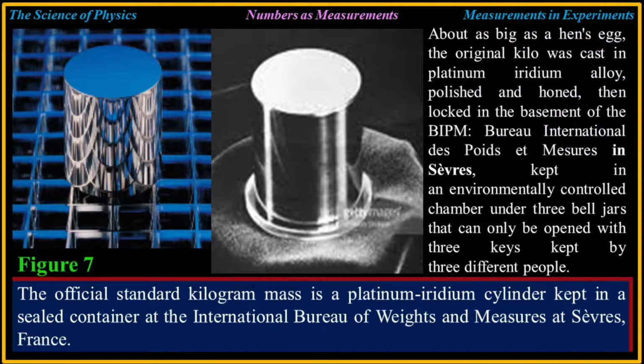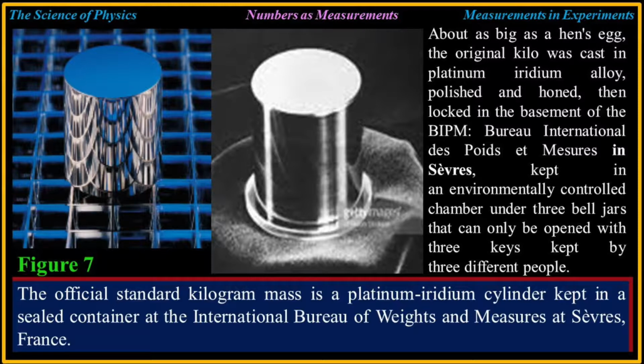The official standard kilogram mass is a platinum iridium cylinder kept in a sealed container at the International Bureau of Weights and Measures in Sèvres, France. About as big as a hen's cup.